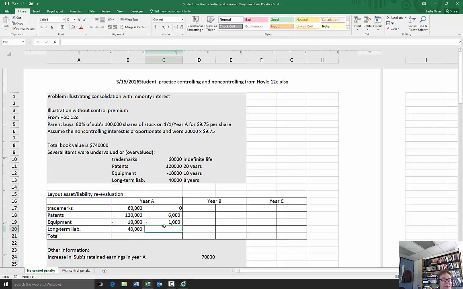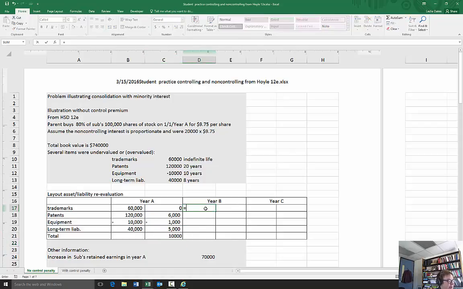That gives us 1,000 per year. And the long-term liabilities are going to affect interest expense over an 8-year period. So 5,000. If we total these up, the additional expense for the year is 10,000.